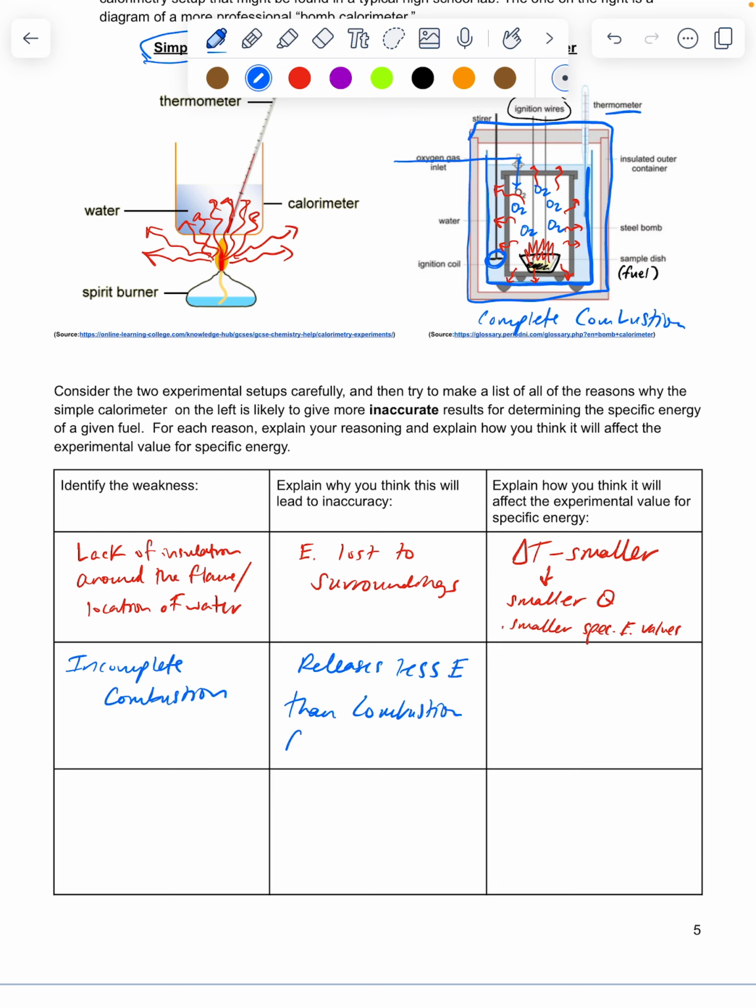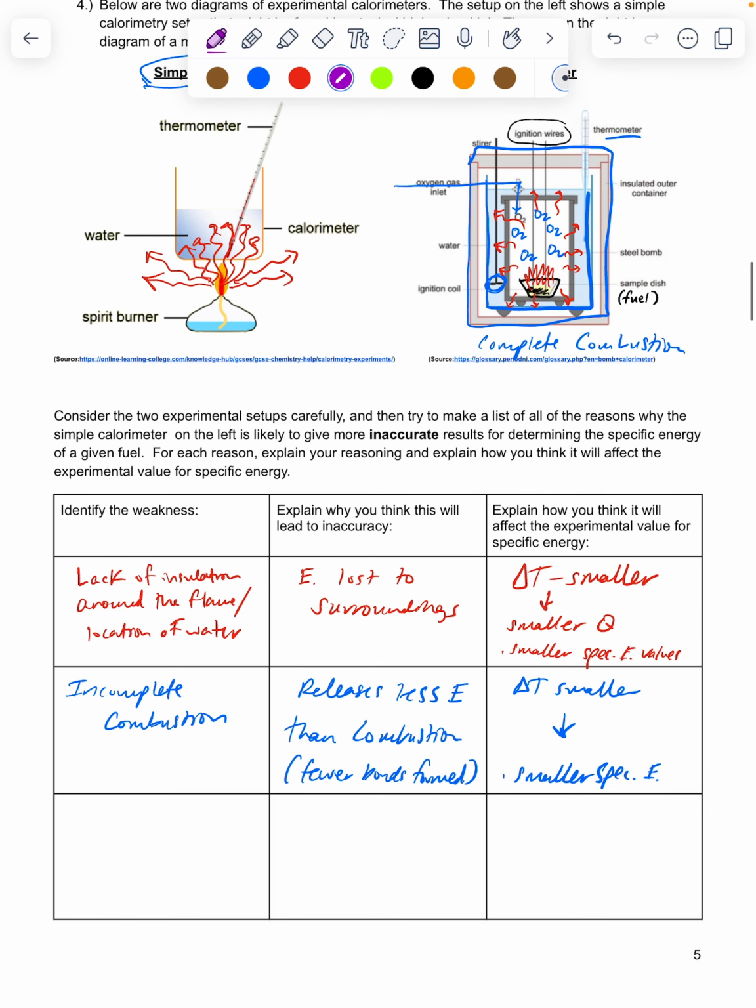You've got fewer bonds being formed, which is where that energy release comes from. And if you release less energy, once again, you're going to have a smaller delta T, and a smaller delta T than you should is also going to mean that your specific energy value is smaller as well. So another reason why your value might be lower is because there's some amount of incomplete combustion happening.